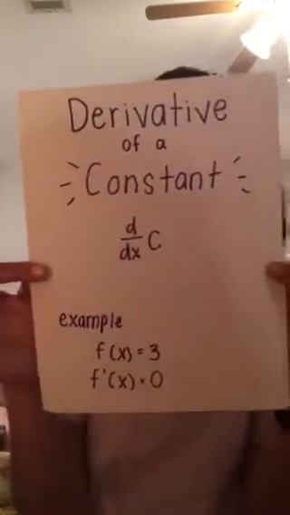Now, as far as solving differential equations, there are four basic rules, per se, to solving these. These are the most basic and fundamental rules of derivatives that will help you solve differential equations. The first is the derivative of a constant.